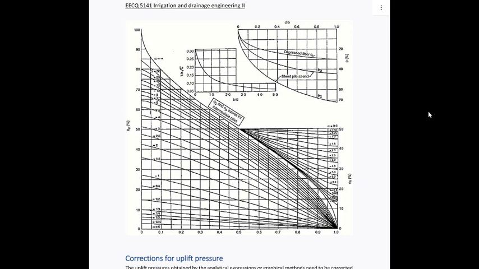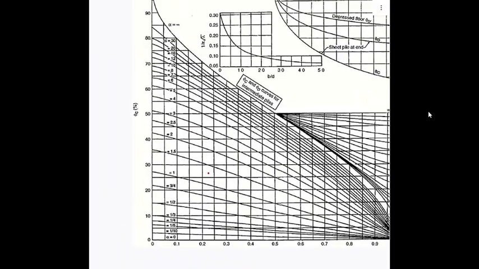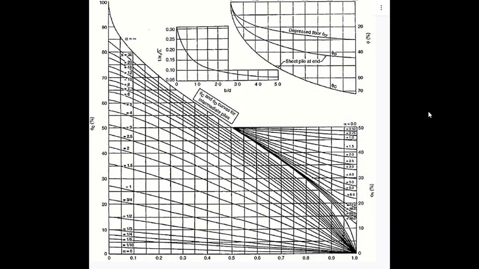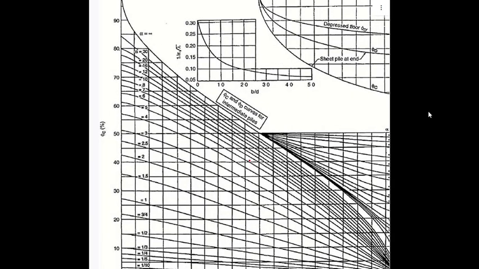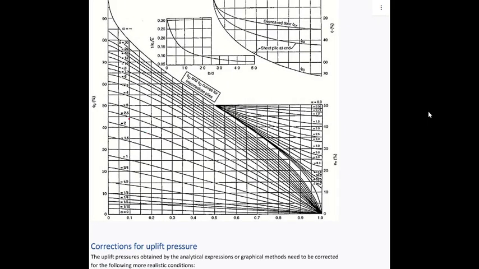On the right hand side you have phi D, on the other side you have phi C. And then you have values of alpha, calculated as provided in the equation. Okay, so that is it.